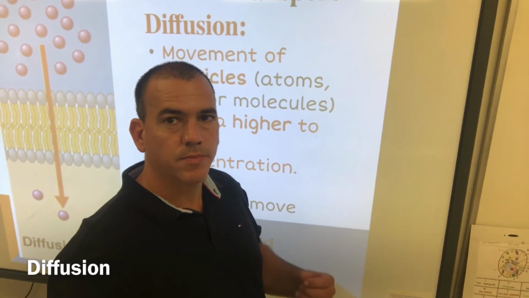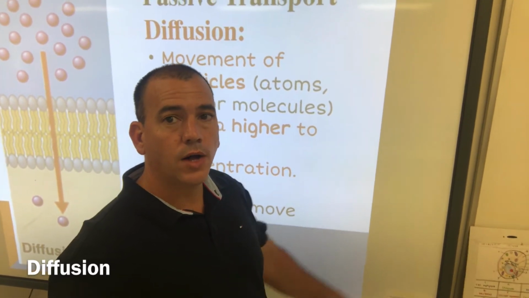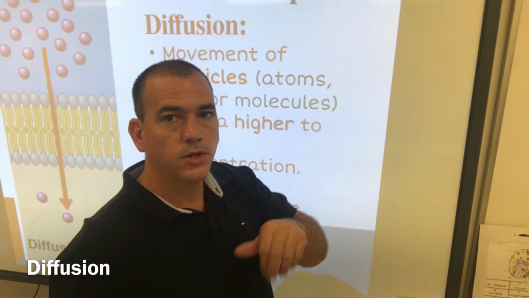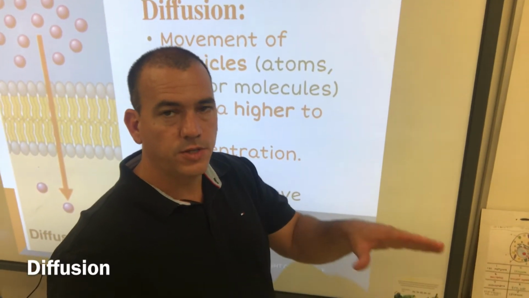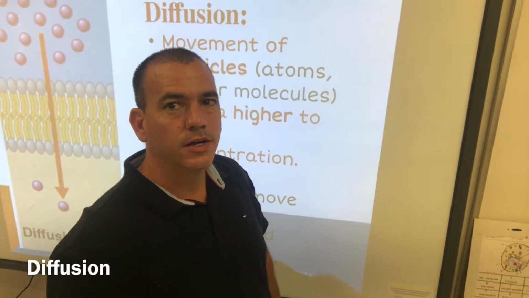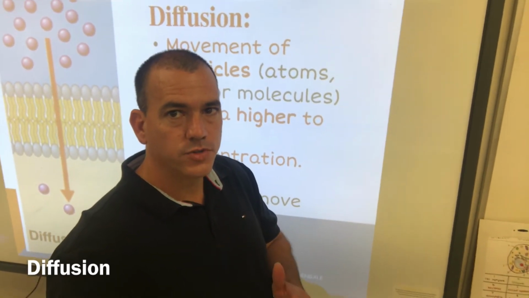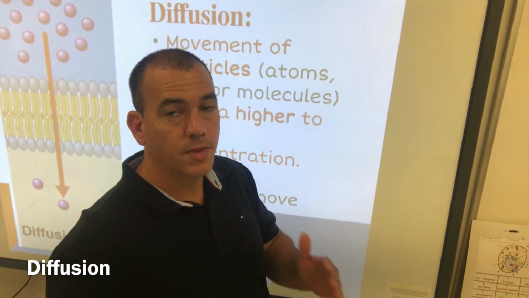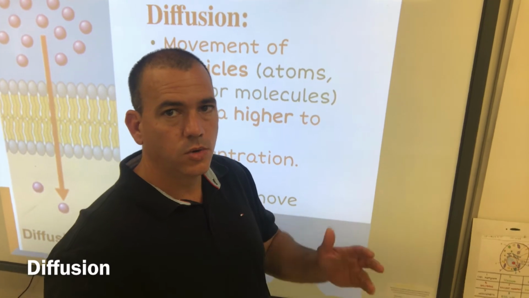It would start off in my pants and it would go throughout the whole classroom. People would smell it as it's diffusing through the class. So diffusion is when you go from high concentration to low concentration. The movement of molecules from high concentration to low concentration.